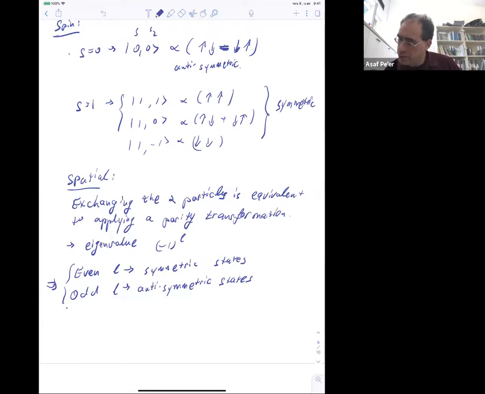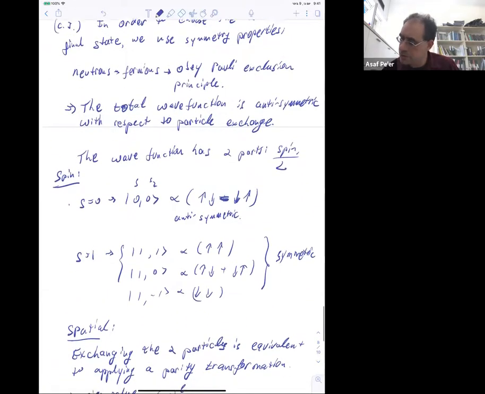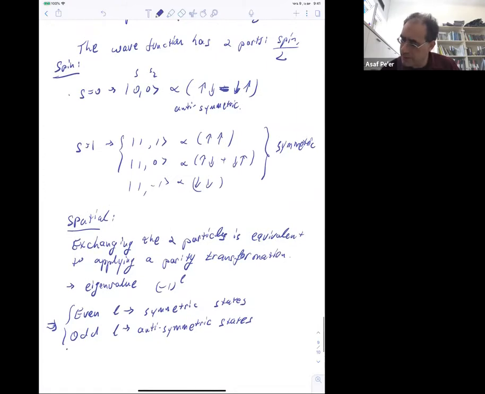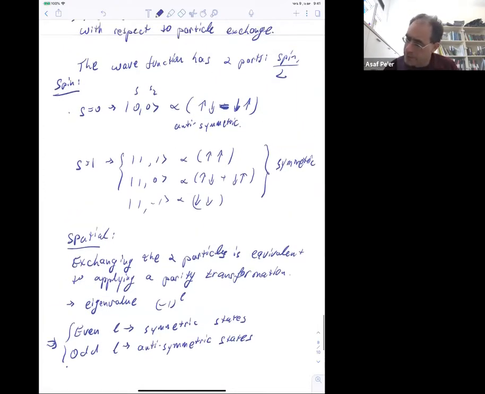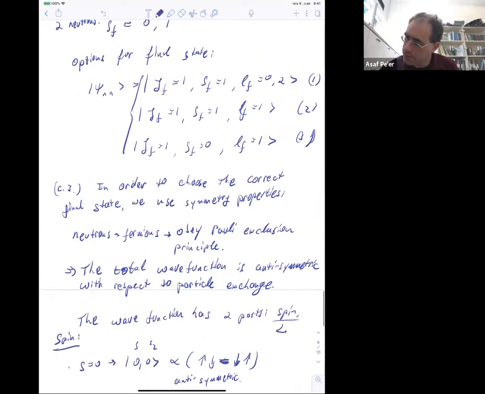So now we can merge these together. Let's look at the spin state and the spatial state for the three options.